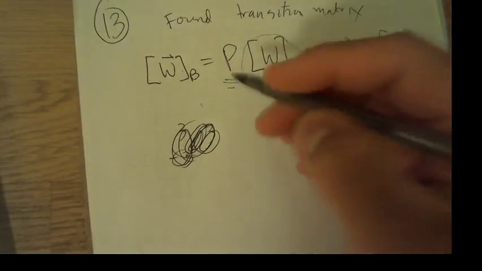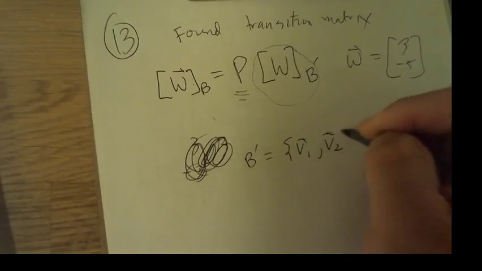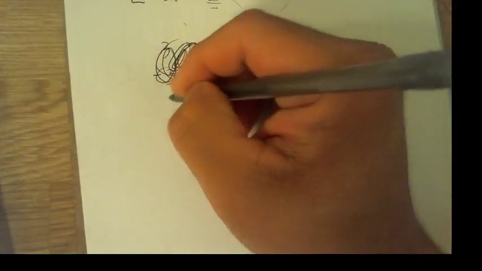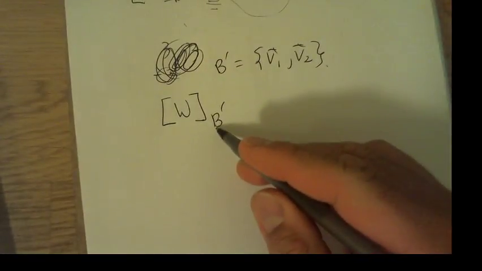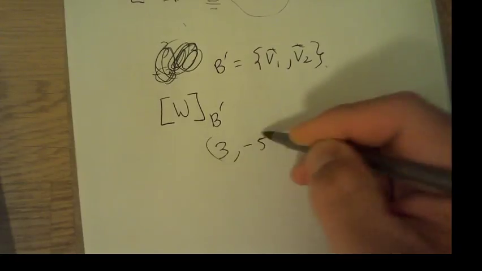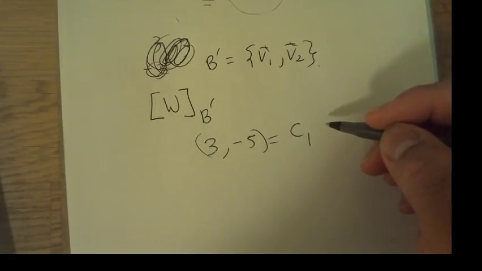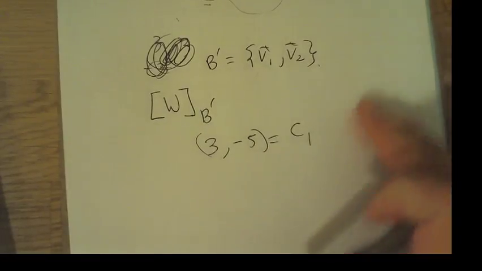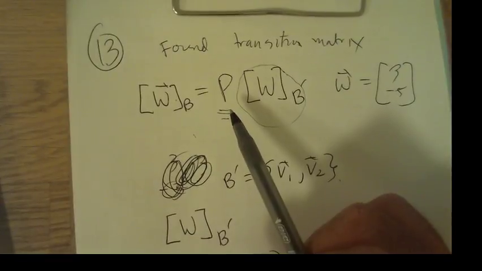Okay, all right. So B prime is V1, V2. So to compute the coordinate matrix with respect to B prime, we take this 3, negative 5, and we set it equal to C1 from B. You would use it from B, because now you would look at the transition matrix from B to B prime.